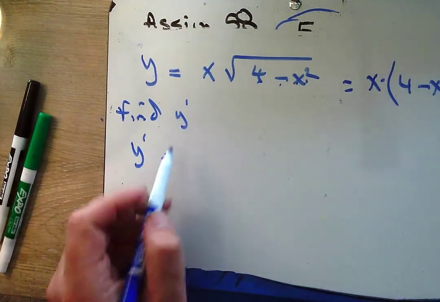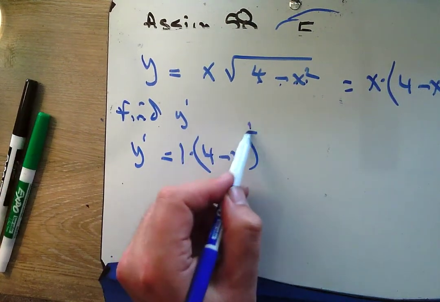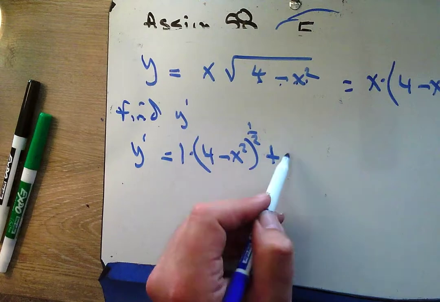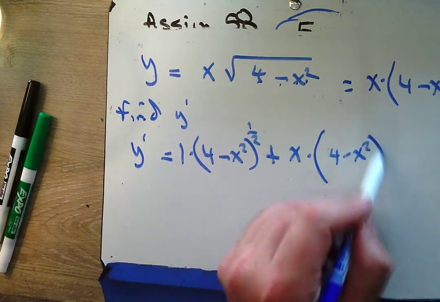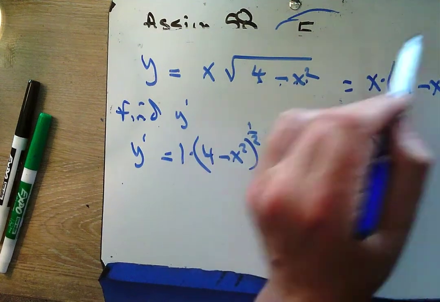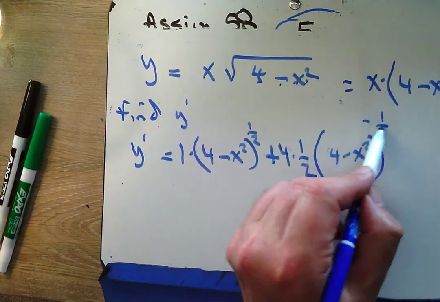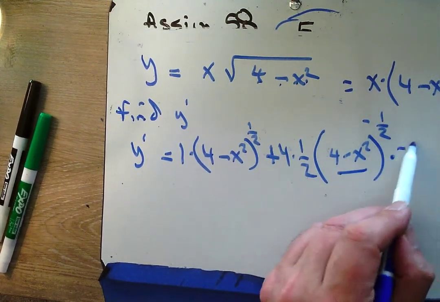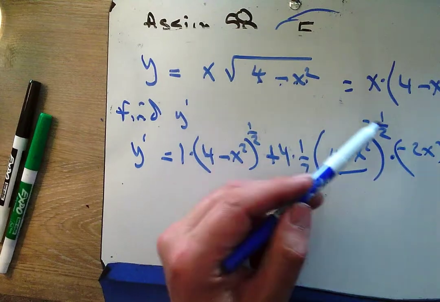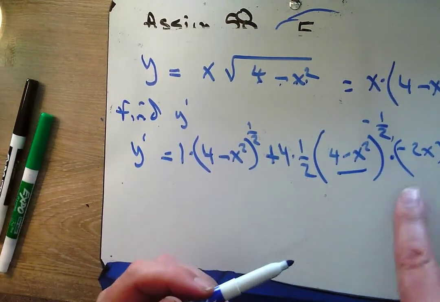So y prime is going to be 1 times 4 minus x squared to the 1 half plus x times 4 minus x squared. Ooh, take the derivative of the outside. Don't forget to subtract 1 times the derivative of the inside. A lot of people drop that because they're so busy thinking about the chain rule over here.